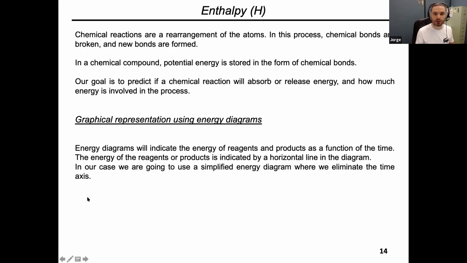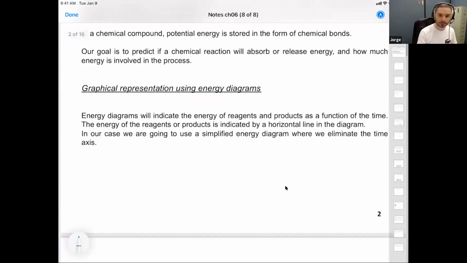Okay, so let me show you how we are going to draw this kind of diagram. An energy diagram, the complete energy diagram, will always have a vertical axis, which is energy, and a horizontal axis, which is time.